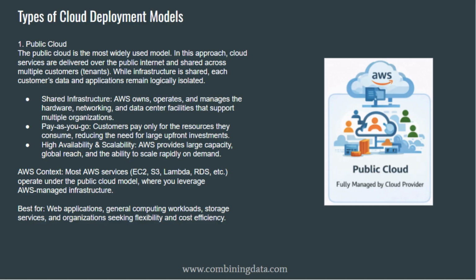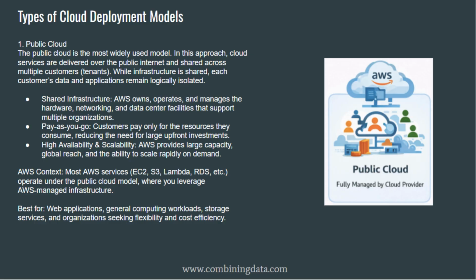Example: an e-commerce application can scale automatically during a holiday sale and then scale back down when traffic decreases. Exam tip: if the scenario involves rapid scaling, global reach, or handling unpredictable demand, the public cloud is usually the correct answer.